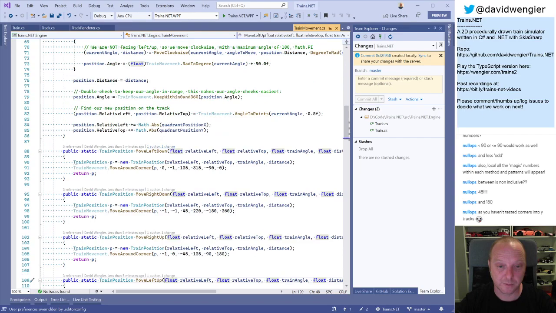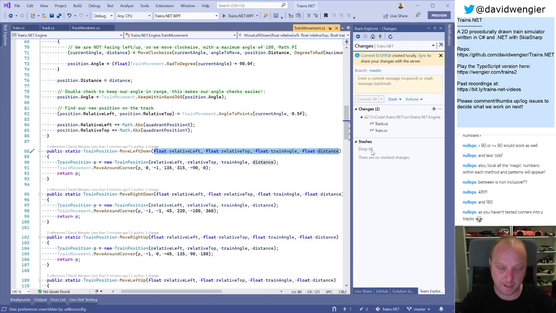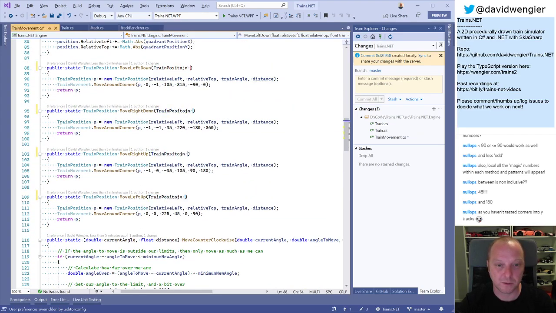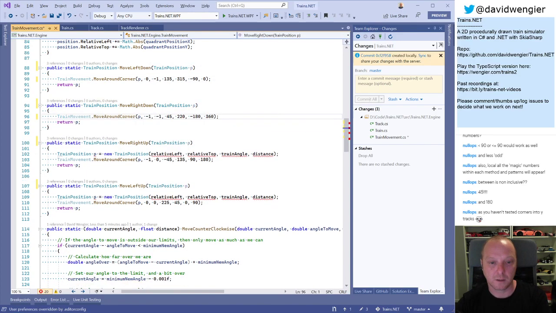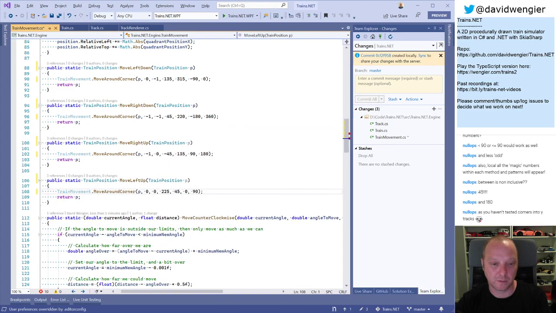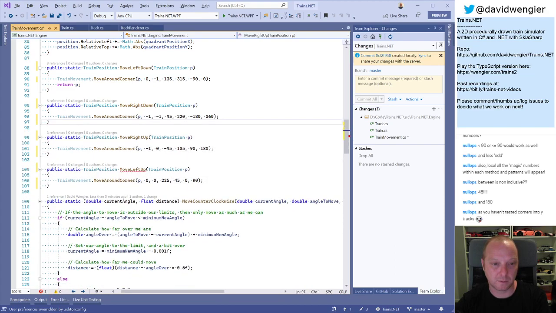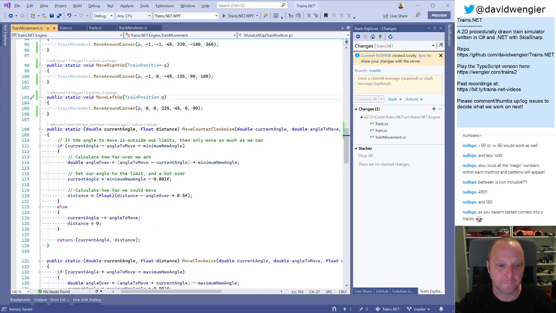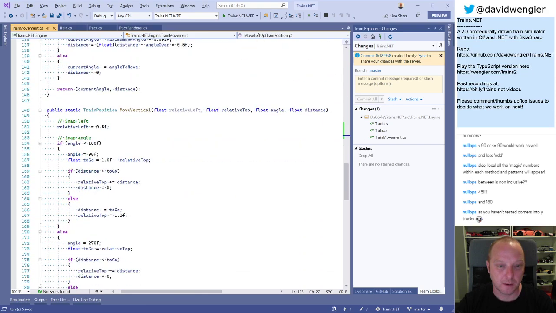How do we want to do this? So this is train position P. And we do this. This is all void. And this gets the same treatment. Oh.